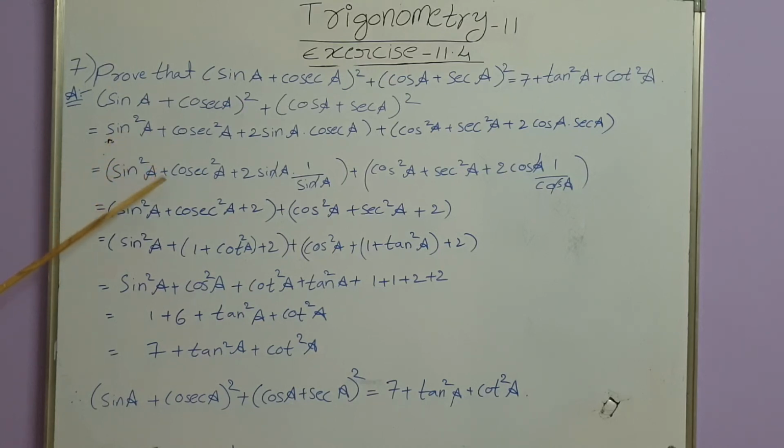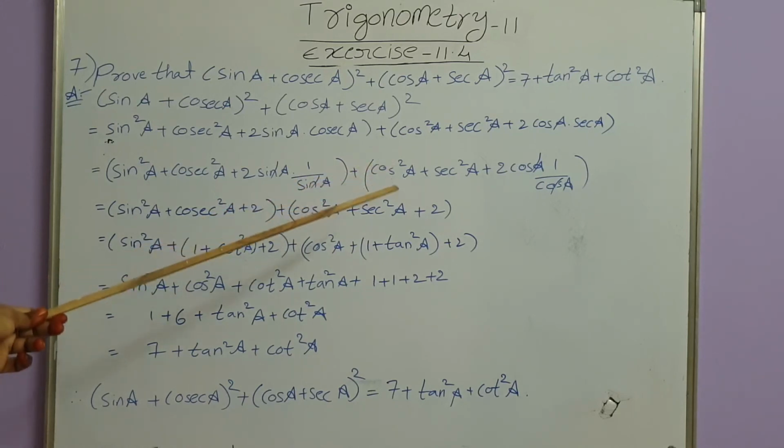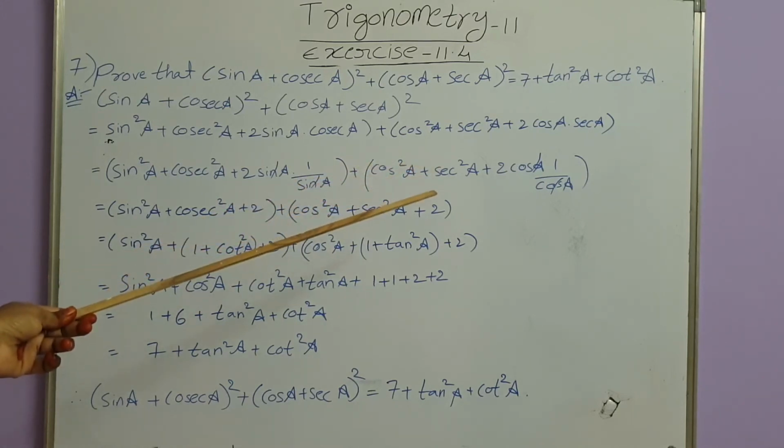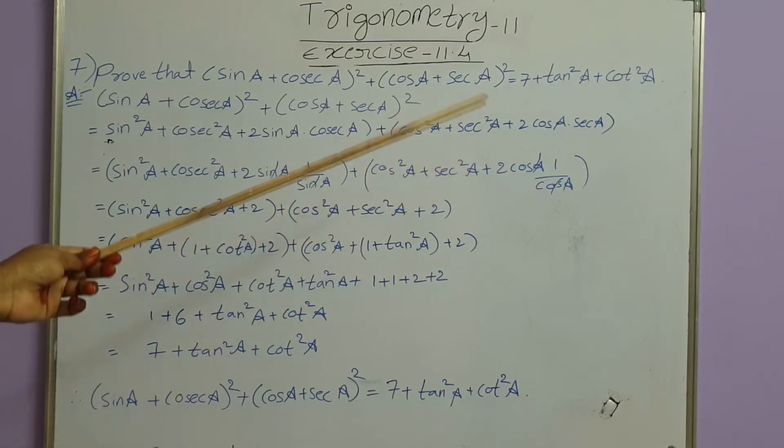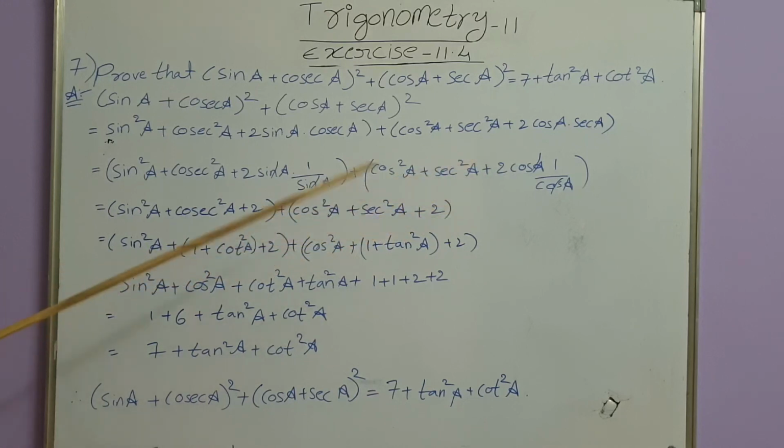Sin square A plus cosec square A plus 2 sin A into cosec A. How to write in sin form? Cosec A is equal to 1 by sin A. So here write cos square A plus sec square A plus 2 cos A into sec A, where sec A is 1 by cos A. Substituting here.